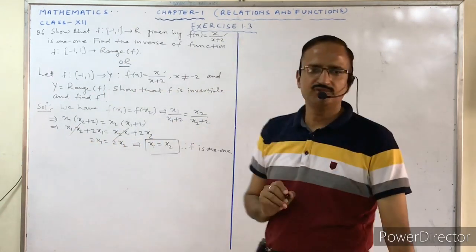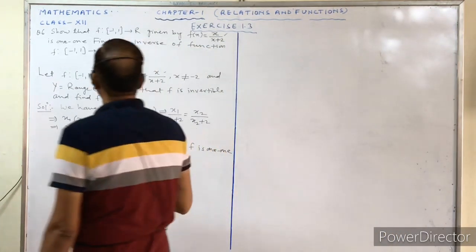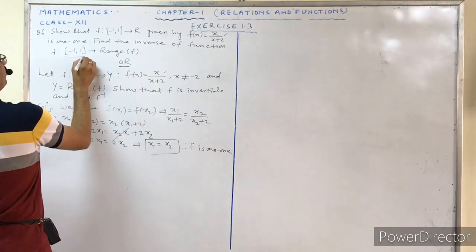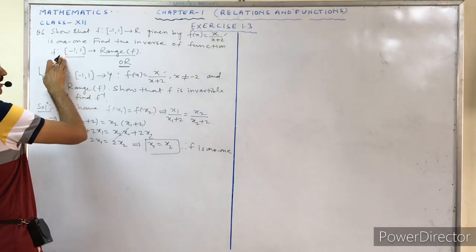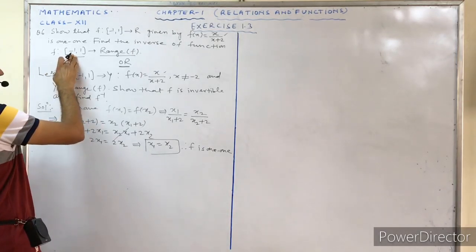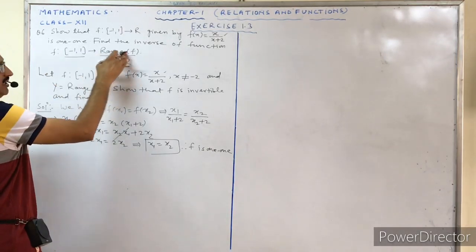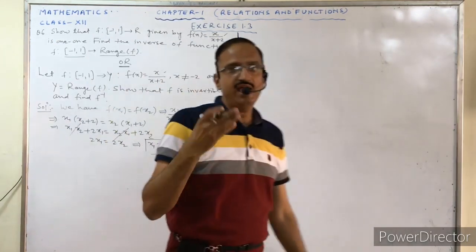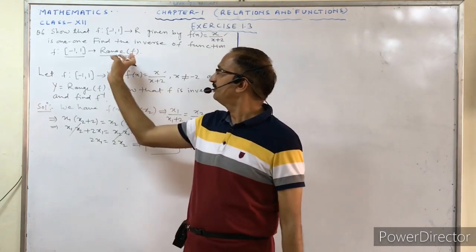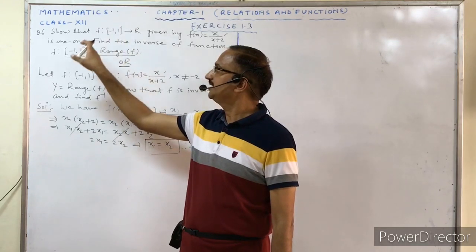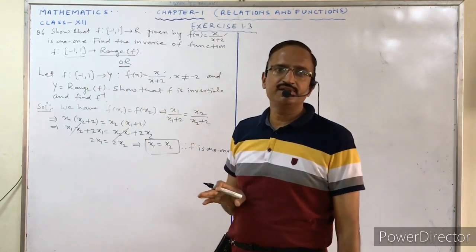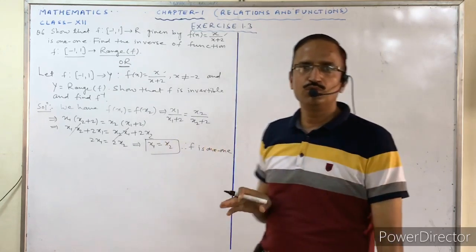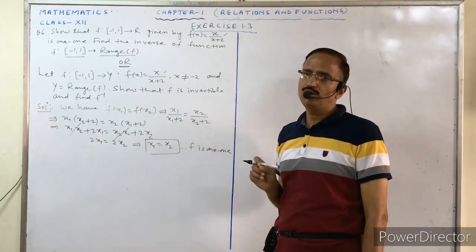Okay children? Now, it is given that this is the domain and this is the range. The function is defined from [-1, 1] to the range of f. It means every element of this range has a pre-image, so automatically the function is onto. So there is no need to prove the function to be onto.